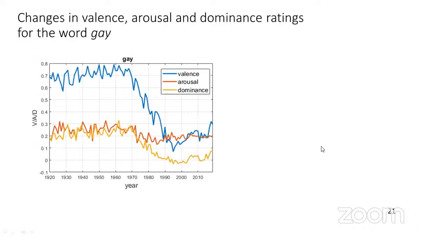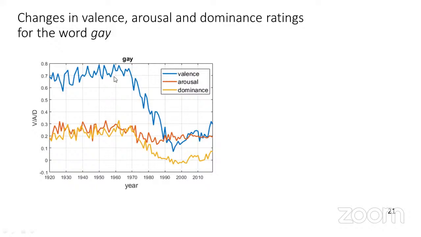Now a case study of changes in some words during the time period. For example, the word gain. We observe a decrease starting from about the 1960s, probably due to changes in the meaning of this word.